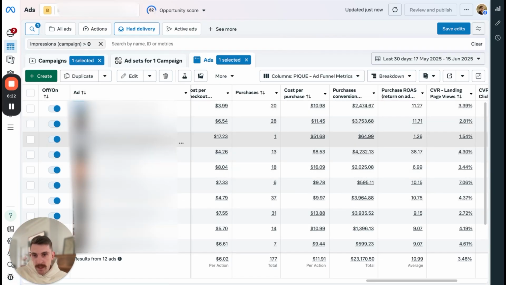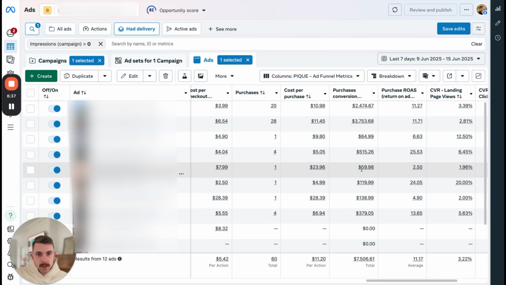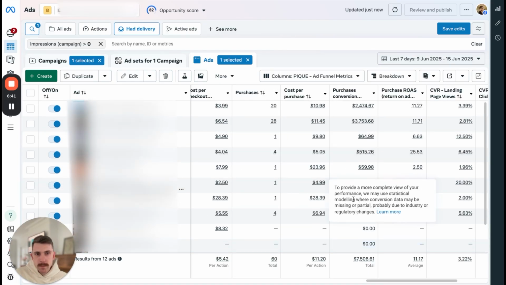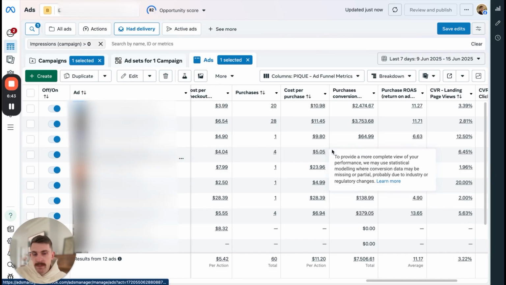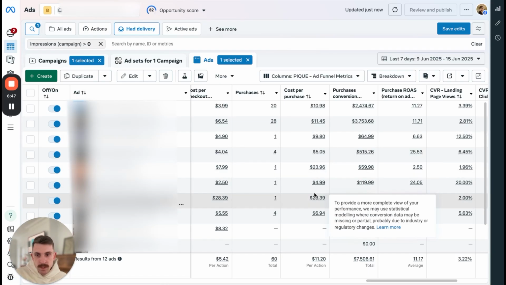In this particular case, we've got an ad that's running here, which is really exceeding our CAC by quite a long shot. So I'm actually just going to look at the last 7 days. And okay, so in the last 7 days, we have achieved the Max CAC, which is awesome.